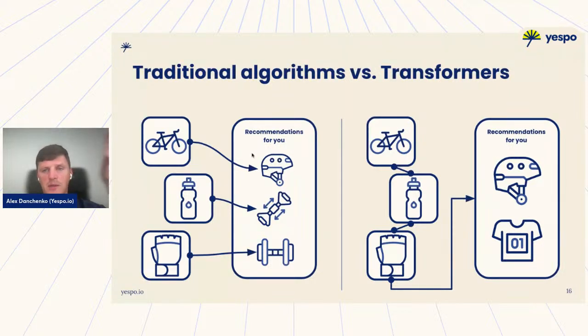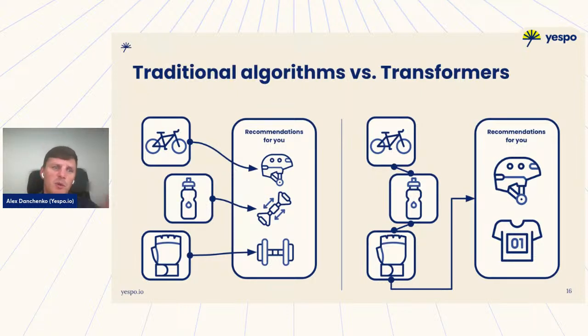The transformers work differently. They see the whole sequence of your purchases, and they can have an insight into what all those purchases together actually make a match for.